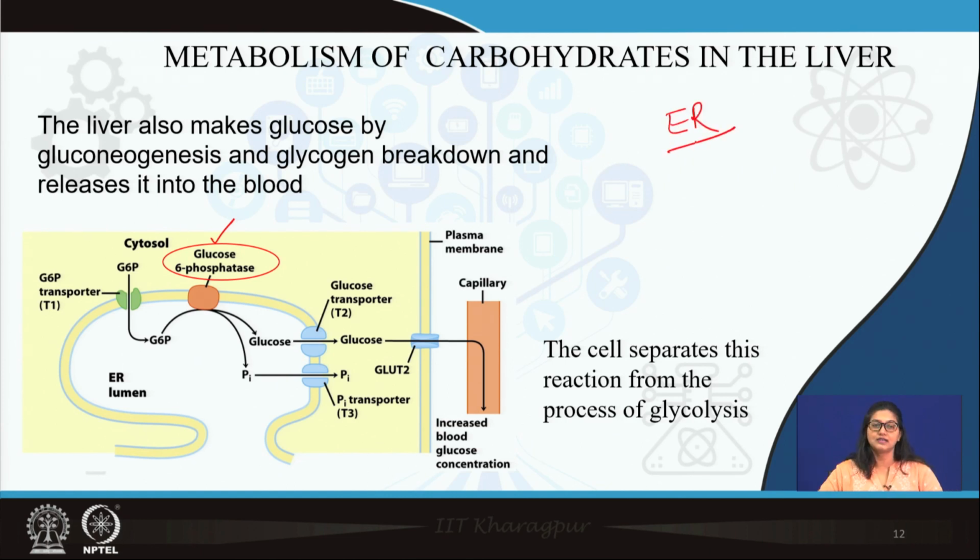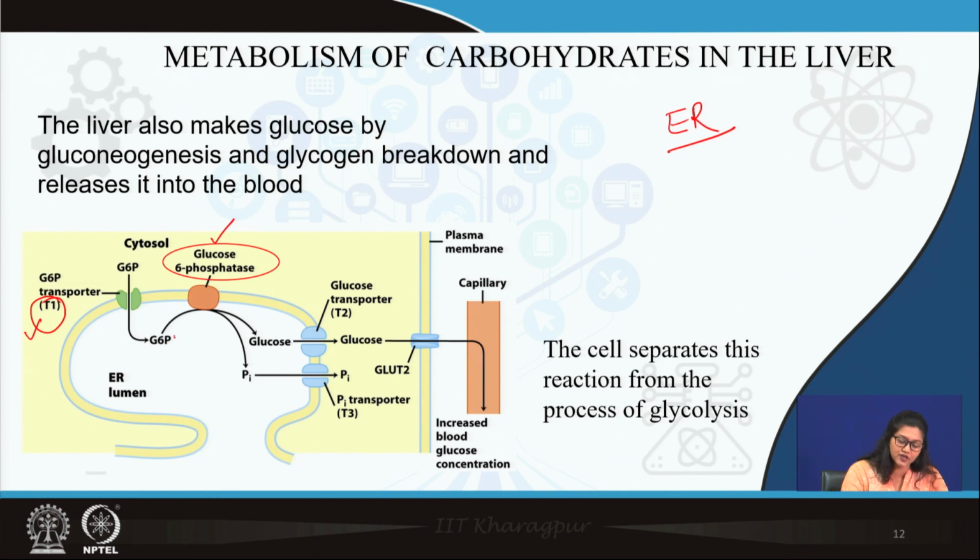Now, you can see there are different glucose 6-phosphate transporters. The first one is the T1 glucose 6-phosphate transporter. During glycolysis, glucose 6-phosphate is formed from glucose in the cytosol of the hepatocytes. That glucose 6-phosphate enters inside the endoplasmic reticulum with the help of the glucose 6-phosphate transporter T1.